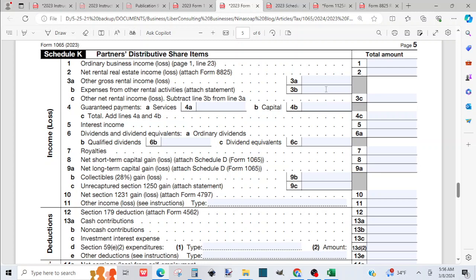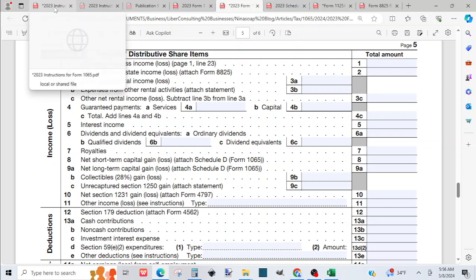Add attachments, you'll put the expenses related. I'm kind of surprised they put income or loss though. If you are going to do the profit, the income against the expenses, and use the profit to put on line 3, but it seems like it is the income and then the expenses, and line 3C will be other net rental income or loss.